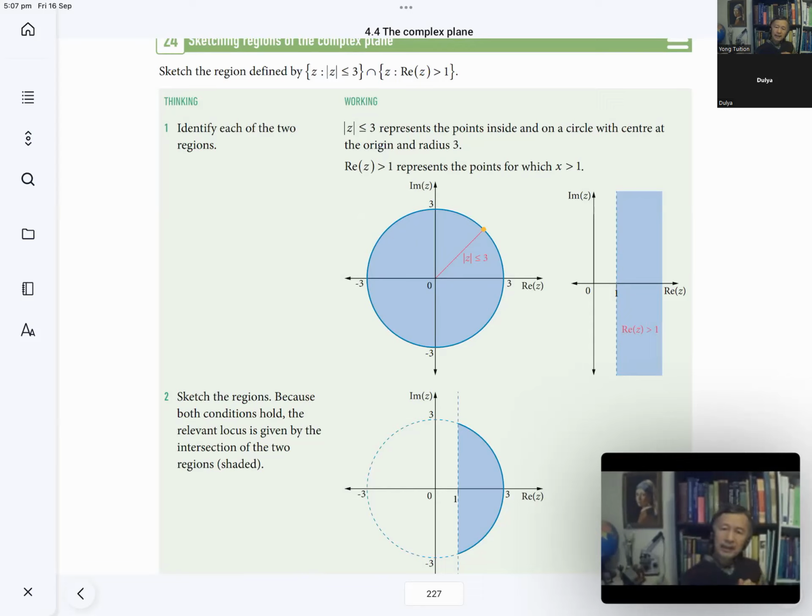That means any complex number within this circle can satisfy this condition. And again, this is just part of that. So if the real part is larger than 1, then that would be the area like this, right? Any area on the right hand side of this vertical line x equal to 1. Can you see?